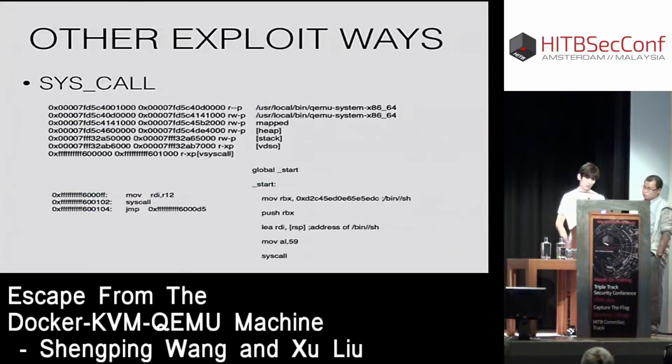And there are other ways to exploit, found during our research, like the fixed address of the system call in the QEMU process. Calling this address directly in shellcode will be very helpful for our exploitation. And this is a sample of the shellcode to call the system call directly after we control the RBX and the RAX.